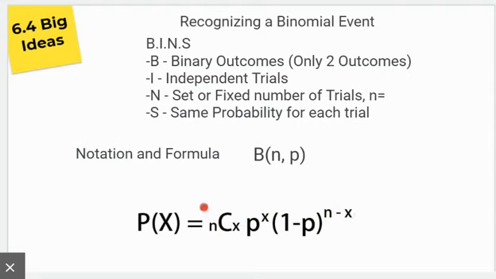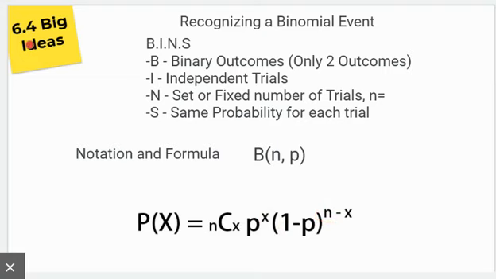But basically, this first part here, N choose X, helps us to identify the number of combinations for a situation. P is the probability of a success. 1 minus P is the probability of a failure. X is the number of successes. And then N minus X would be the number of failures.